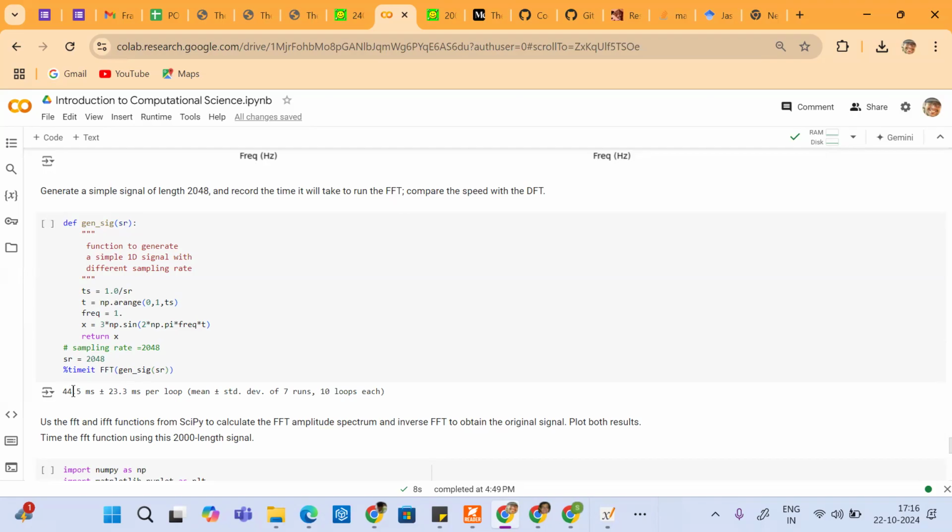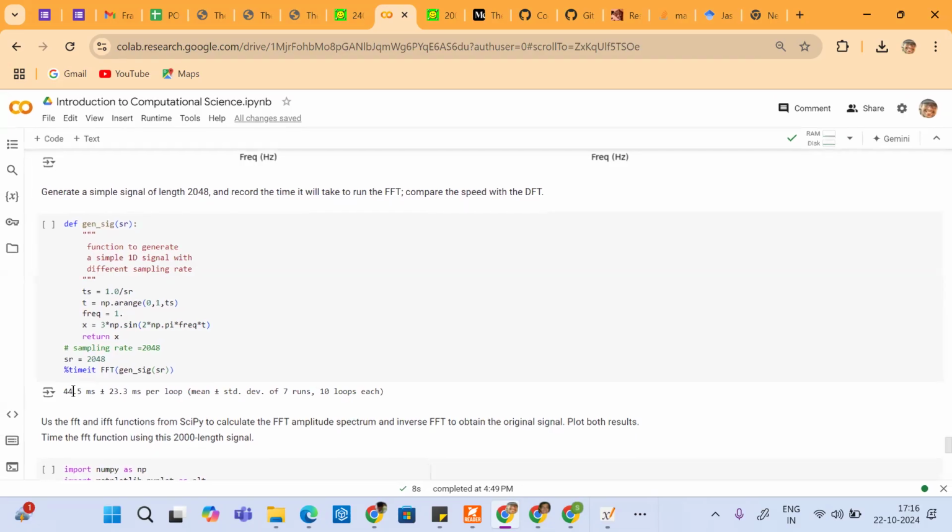So DFT took 624 and FFT is just 44. You can see it has decreased by one tenth, like a 90% decrease of time. That's how fast FFT is.